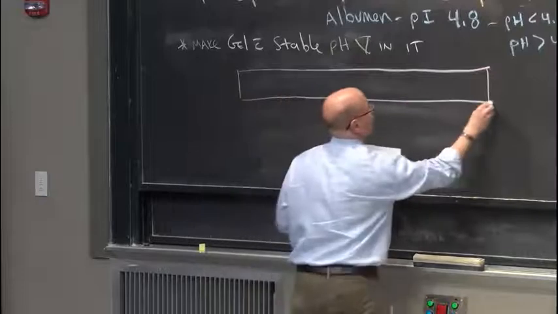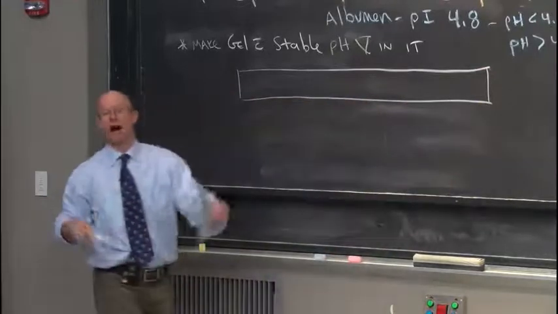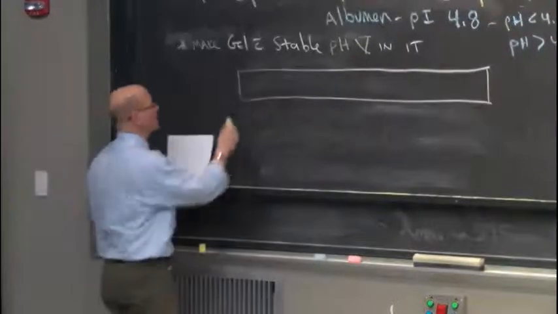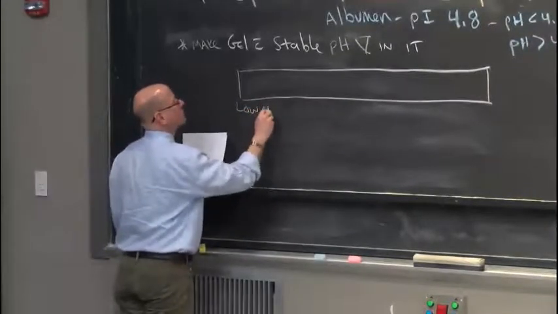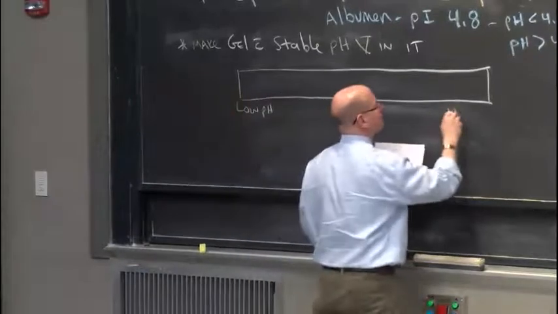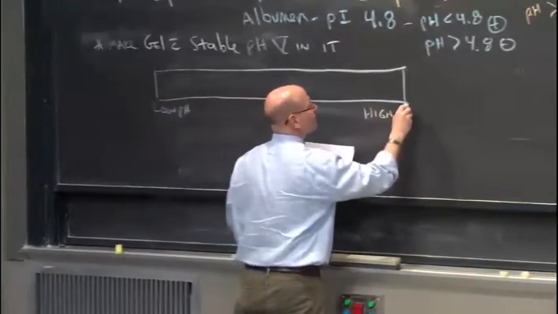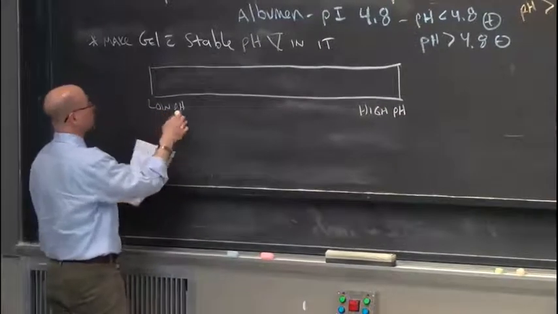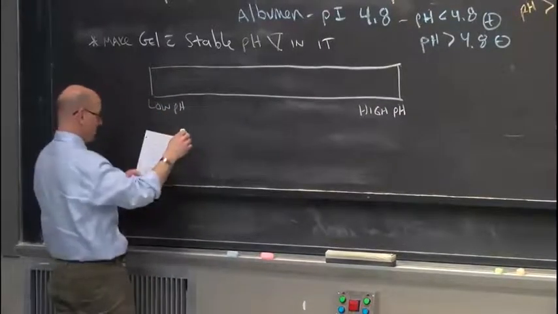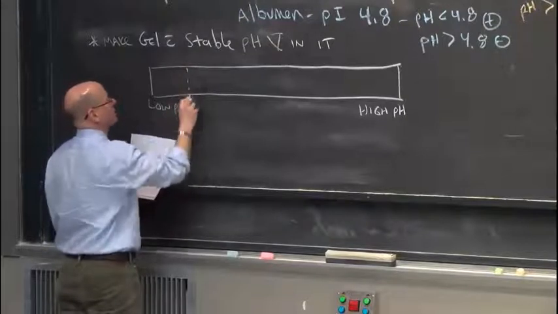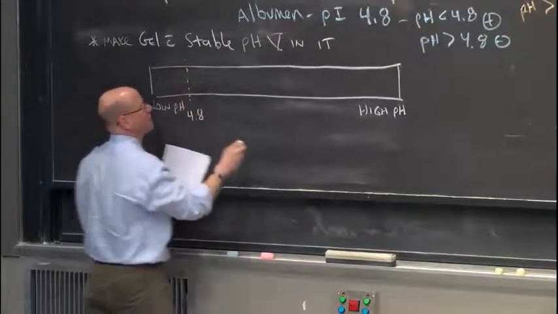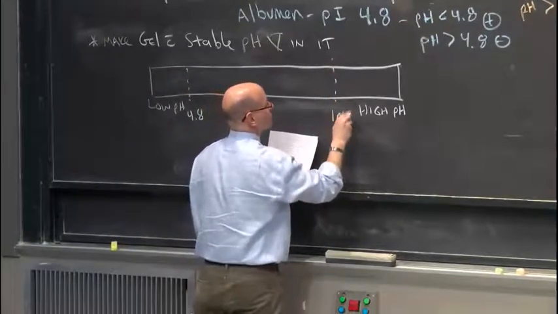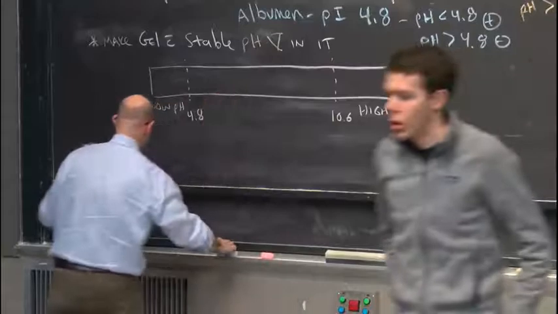So if I have a gel, a long rod gel, not a flat slab, a long cylindrical gel, and this is low pH, and this is high pH, and that's a stable gradient, right? So the pH goes from, I don't know, pick some number, 2 to 10, right? And let's just say, for example, that this is where 4.8 is on the pH range, and that this is where 10.6 is.